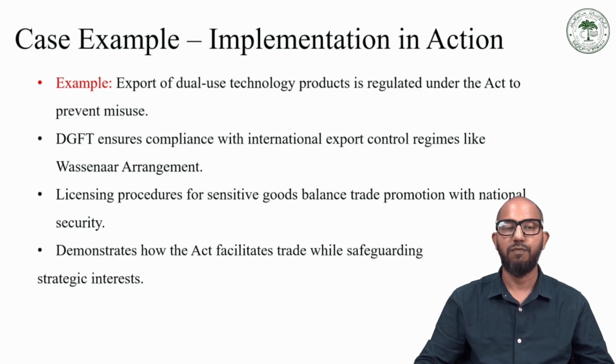Directorate General of Foreign Trade ensures compliance with international export control regimes like Wassenaar Agreement. Similarly, licensing procedures for sensitive goods balance trade promotion with national security. This example demonstrates how the Act facilitates trade while safeguarding strategic interests.